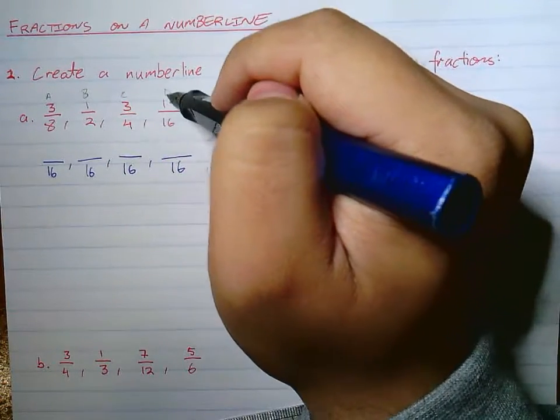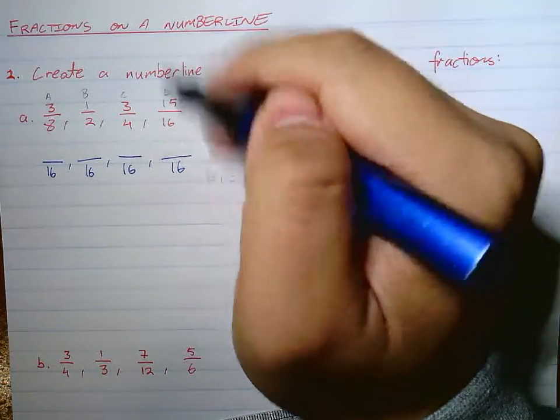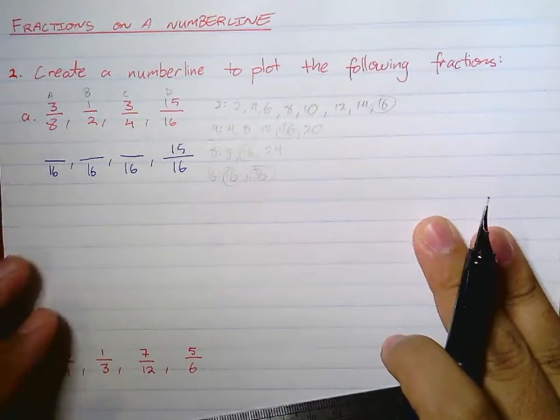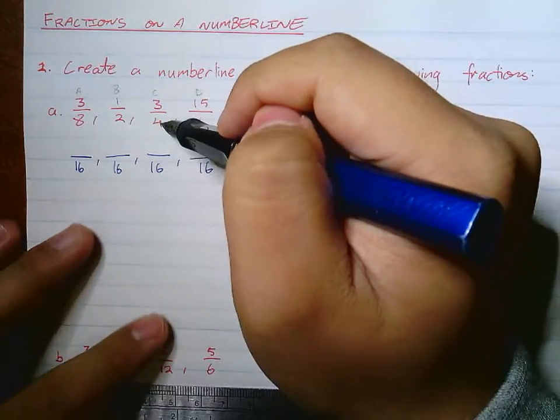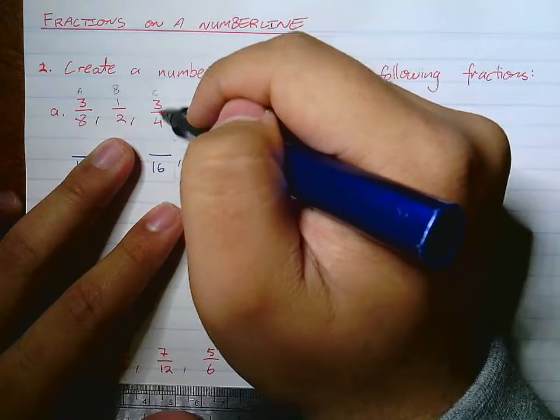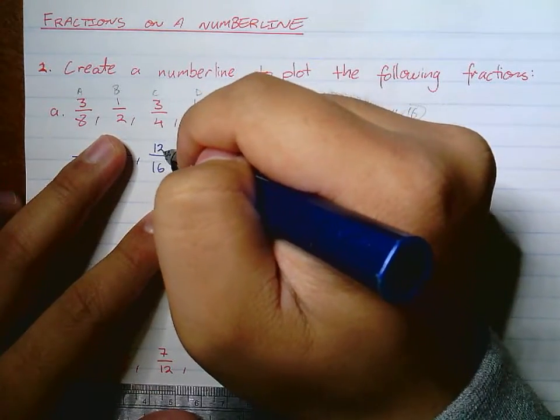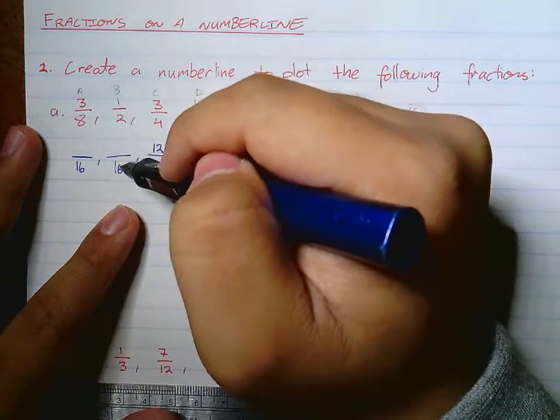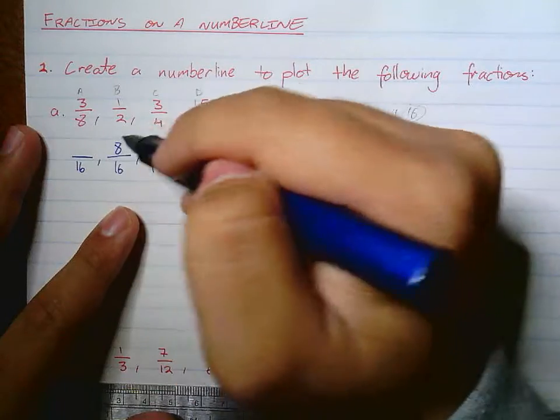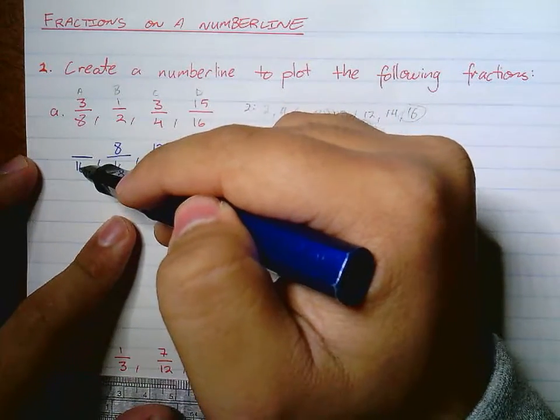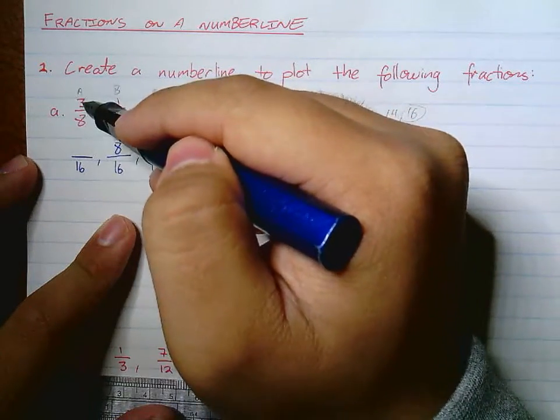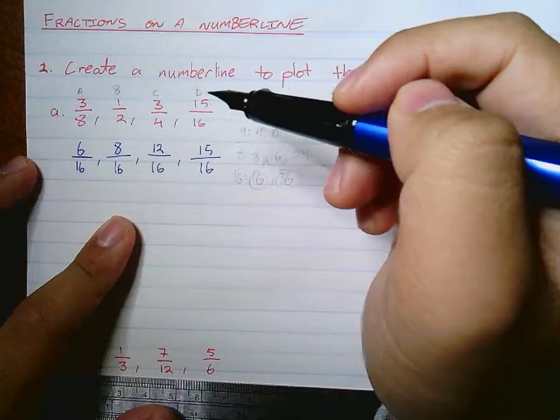D is easy because it remains the same, so that is still 15 over 16. For 4 to become 16, we need to multiply by 4, so 3 times 4 is 12. For 2 to become 16, we need to multiply by 8, so 1 times 8 is 8. And for 8 to become 16, we need to multiply by 2, so 3 times 2 is 6.